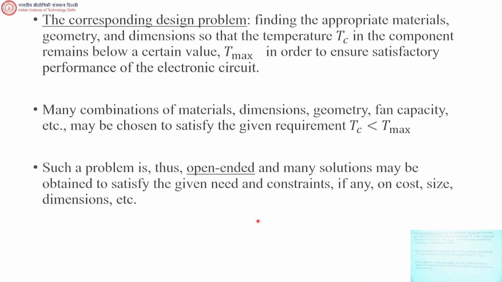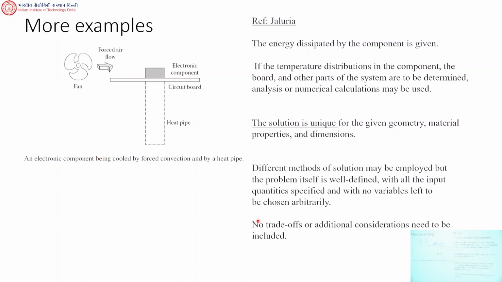So in the previous schematic that we had, it's actually suggesting that you can use a heat pipe. You need not use a heat pipe, but you can also use a heat pipe if there is a need. So the heat pipe will collect heat from here. There's a liquid inside the heat pipe which will evaporate. How will it evaporate? Because it will pick up the heat from here, from the electronic component.